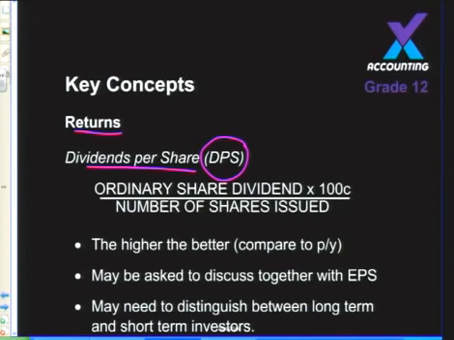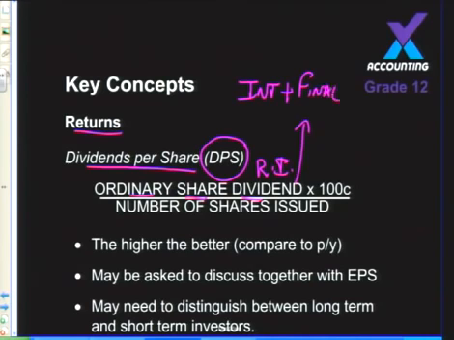And in order to calculate my DPS, I'm taking ordinary share dividends, which I get from my retained income note, or if I'm not given the note, guys, please remember, ordinary share dividends is a sum of interim plus final.